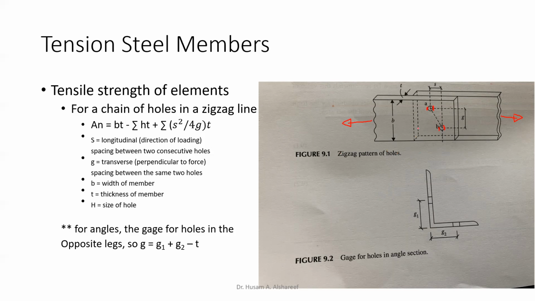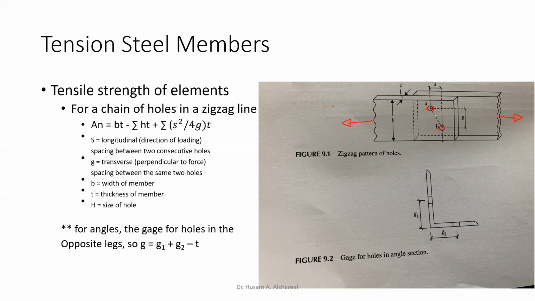So this is B, which is the width of the piece of steel. Here's your thickness, and S represents the longitudinal distance between the two bolts, horizontally. As you can see, it's in the direction of the forces.